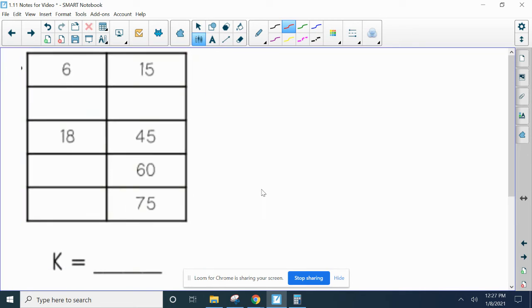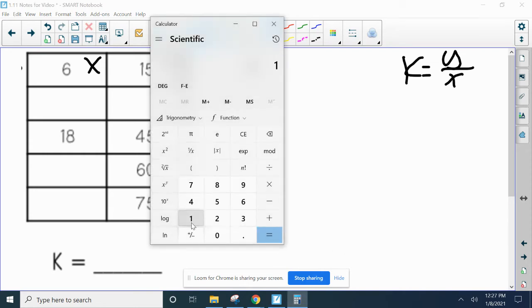So here's our chart. So we know that our relationship is going to be k is equal to y over x. So 15 over 6 is 2.5.